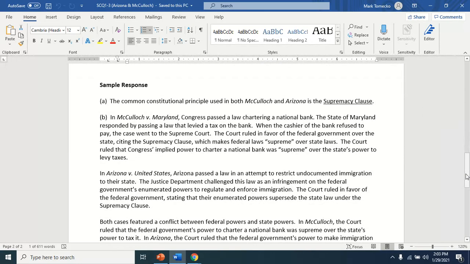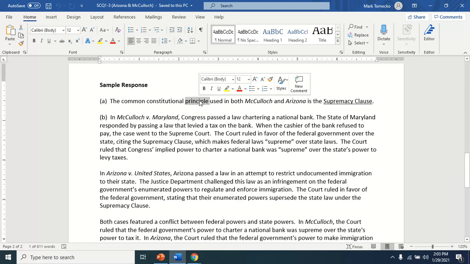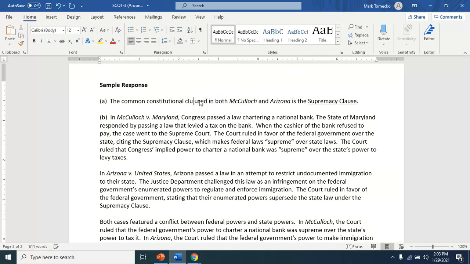Now remember, Part A is very simple. You are simply asked to identify the common, you know what, I see a typo here. The question should have said clause, not principle. There is a difference. Constitutional clauses are actual clauses found in the Constitution.